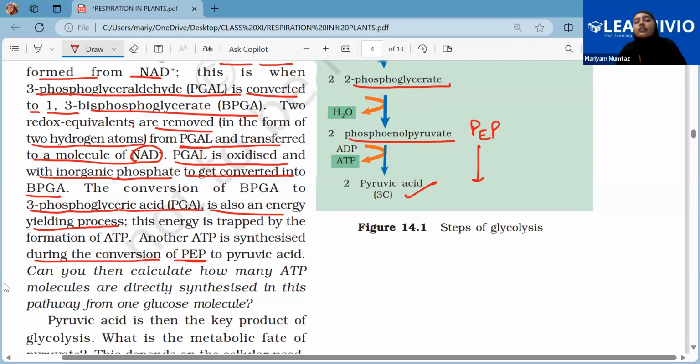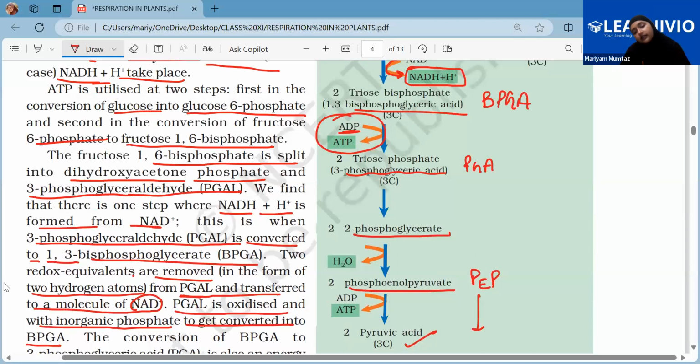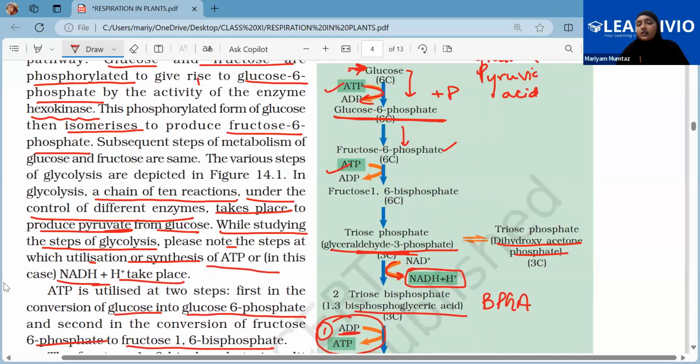So ultimately, one ATP is being synthesized and another ATP is being synthesized, so two molecules of ATP are synthesized. Here, one molecule of ATP is being utilized and another molecule of ATP is being utilized. So two molecules are utilized, two molecules are synthesized.